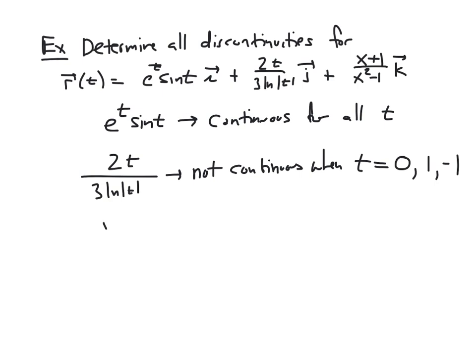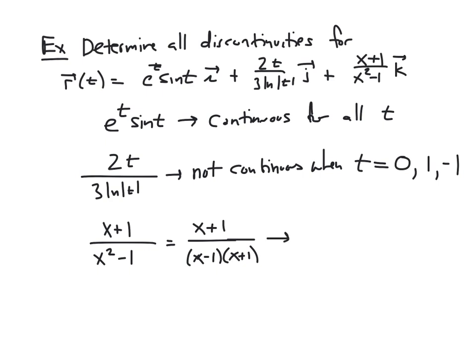Now we move on to the third component, x plus 1 over x squared minus 1. This factors in the denominator, so we have x plus 1 over x minus 1 times x plus 1. We want to be careful here. We could, of course, go ahead and simplify this, but that would be ignoring the hole in the function.